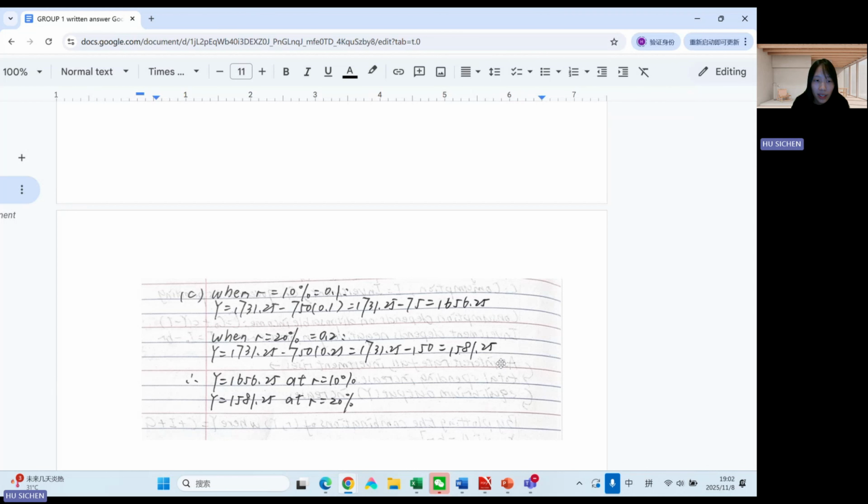So when the interest rate increases from 10% to 20%, equilibrium income decreases from 1,656.25 to 1,581.25. This shows again that higher interest rates reduce investment and output.